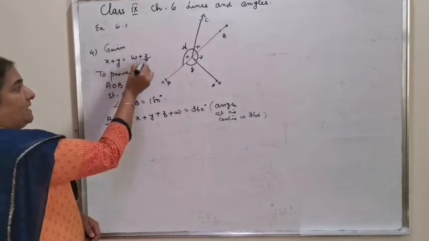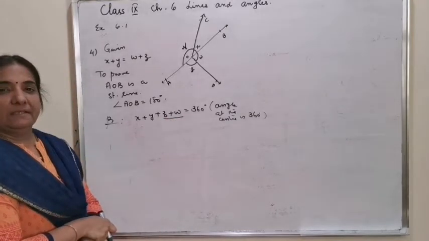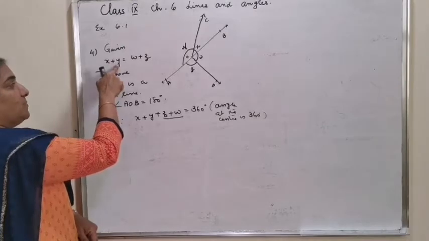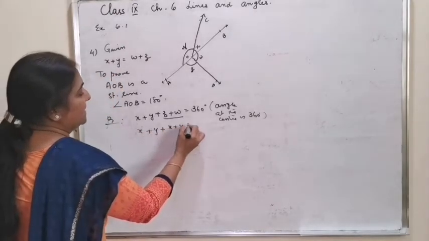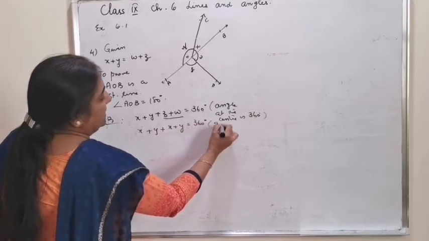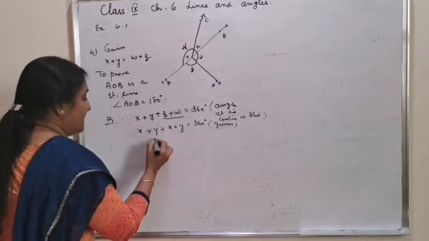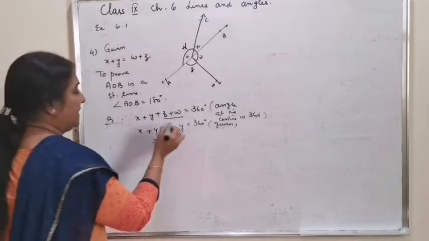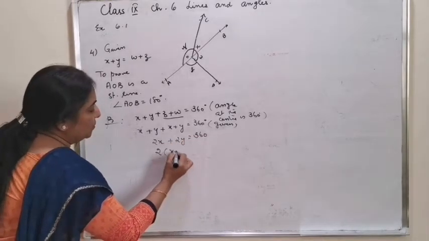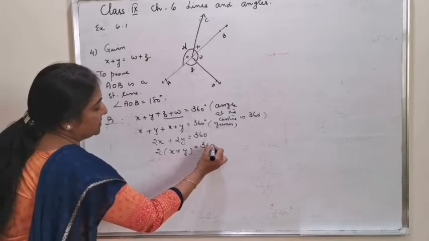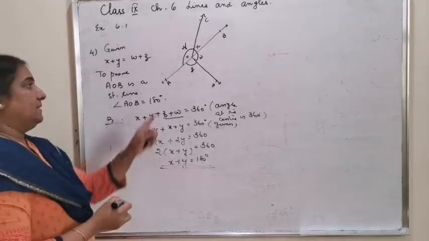x plus y and w plus z are equal. Let us replace z plus w as x plus y by the given condition. x plus y plus x plus y is equal to 360. x plus x is giving you 2x, y plus y is giving you 2y, or 2 into x plus y is equal to 360, or x plus y is equal to 180.